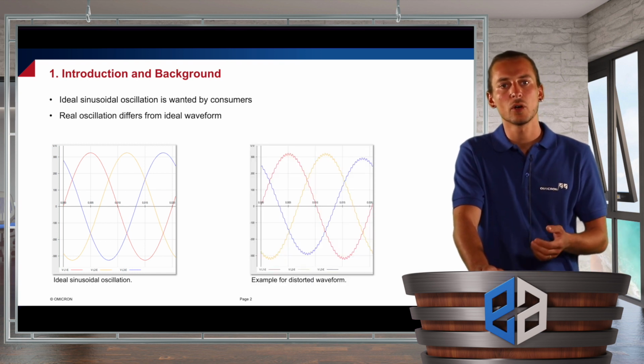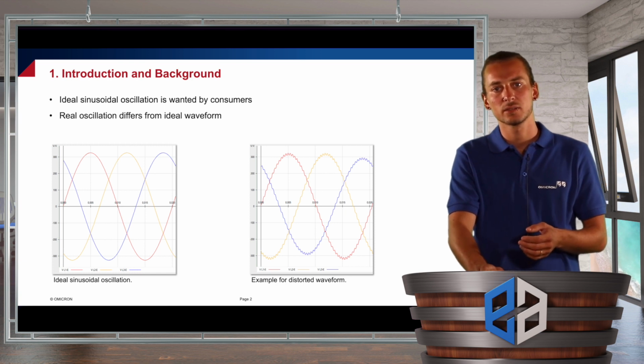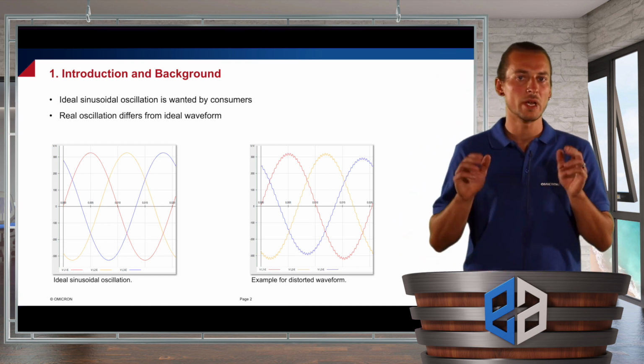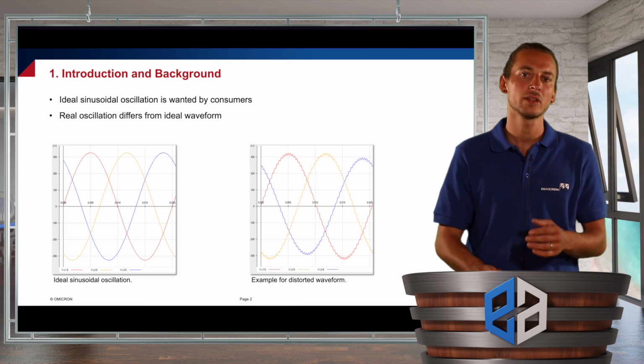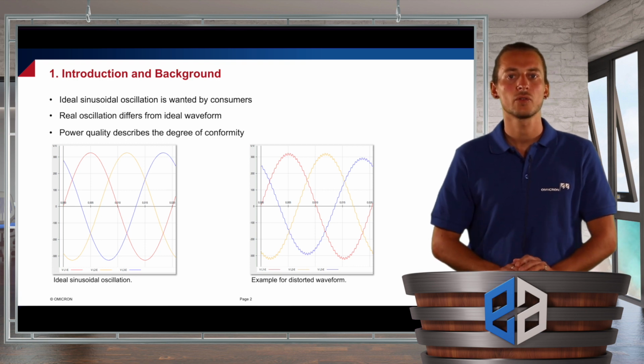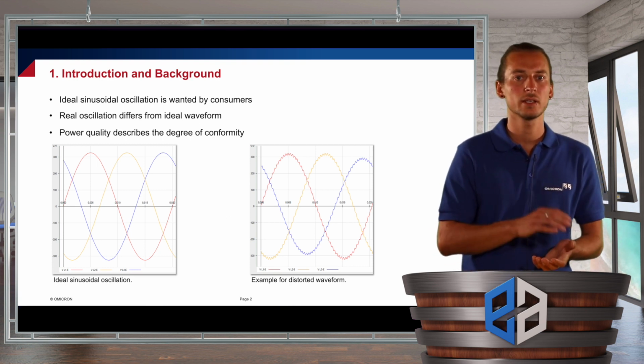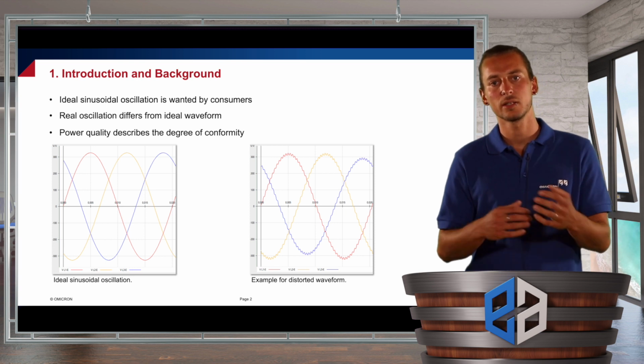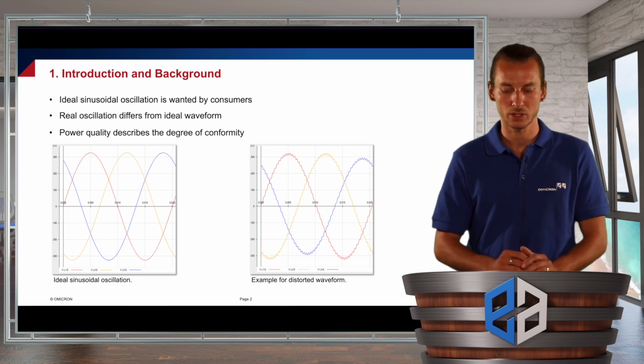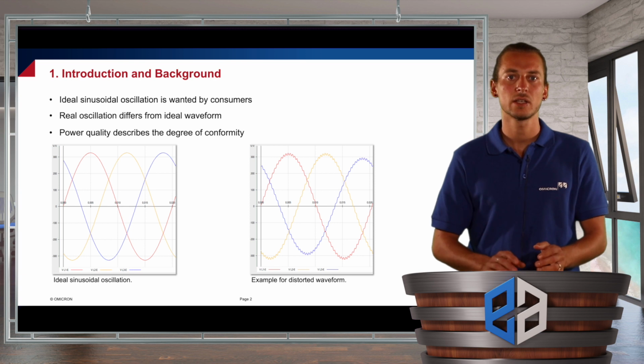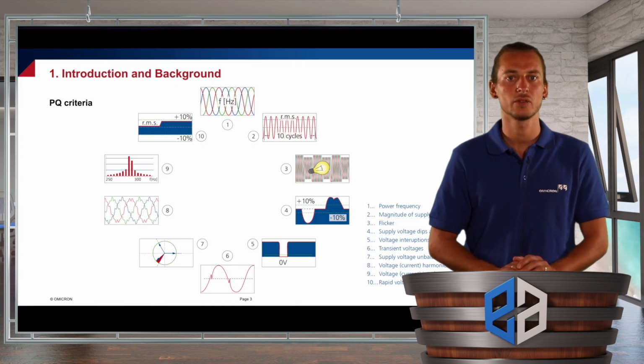Now, this is important. Power quality wants to measure or to quantify the degree of conformity between the ideal waveform, which is sinusoidal, and the real disordered waveform in the grid. Therefore, there are several power quality criteria defined.